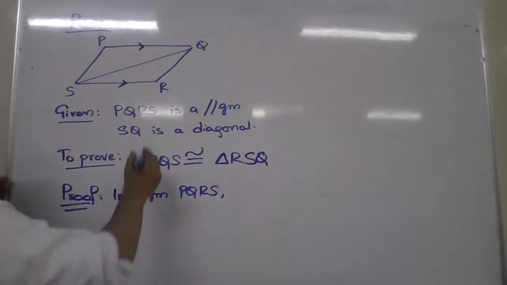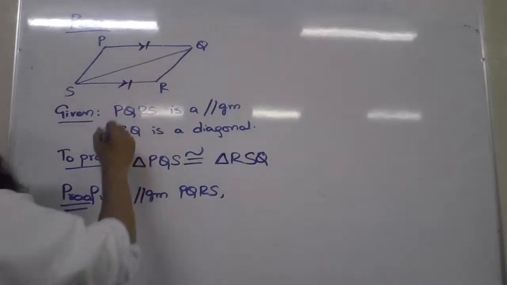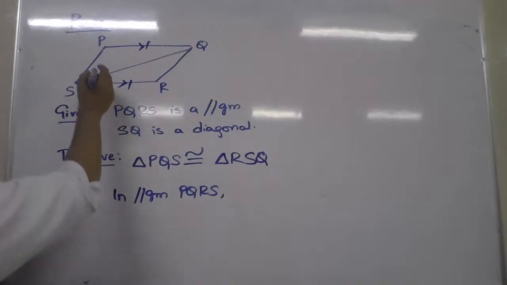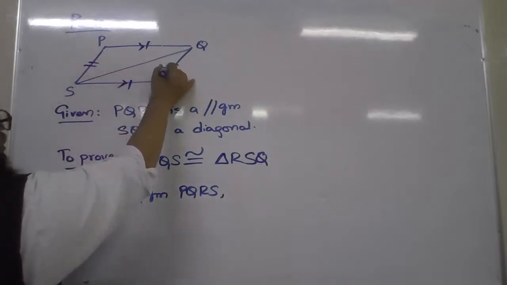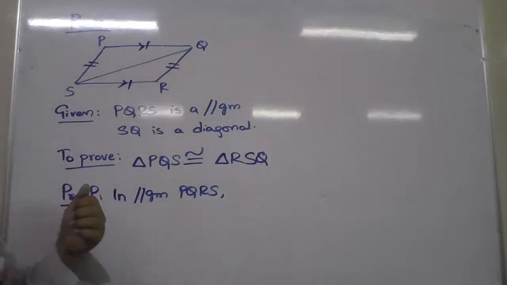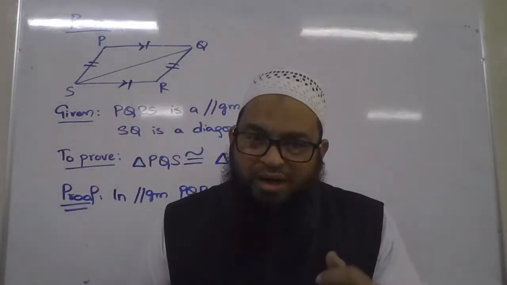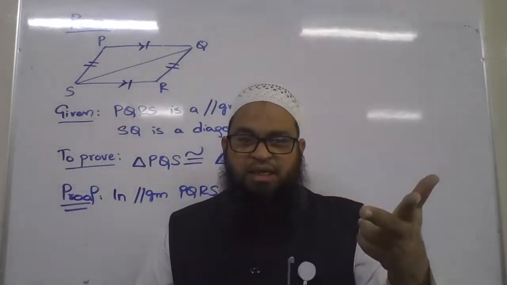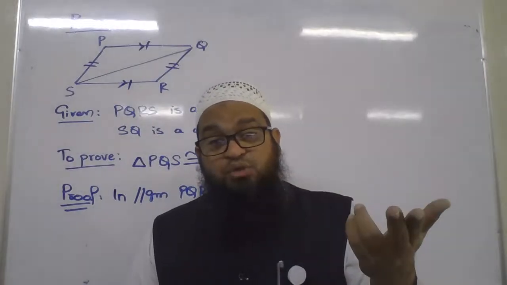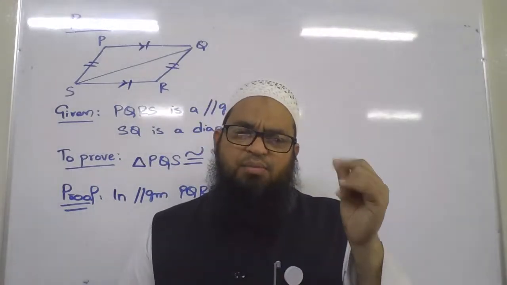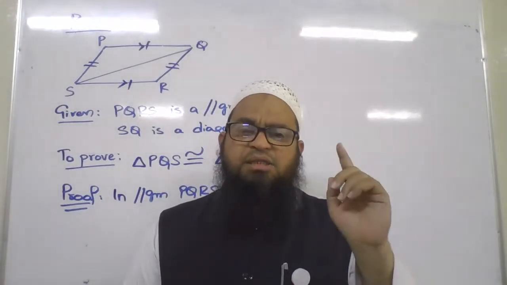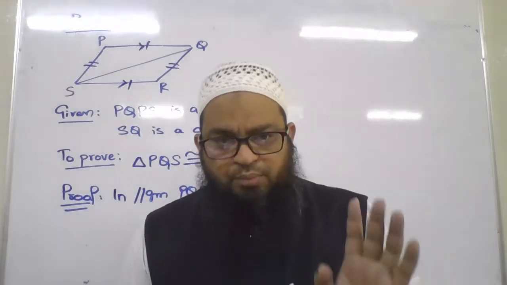And also PQ is equal to SR. In the same way, PS is equal to QR. You can prove this by using two theorems, two congruences. One is side congruency, and the next one is, I believe, angle side, ASA congruency you can prove.